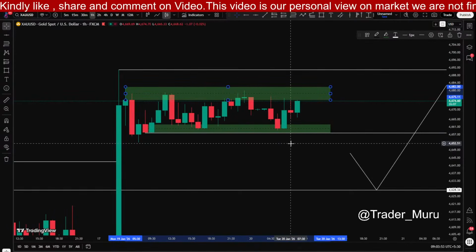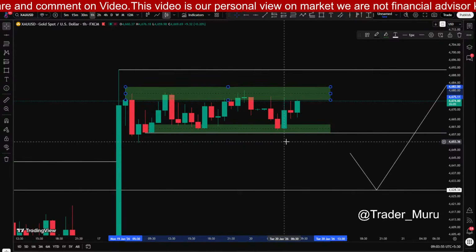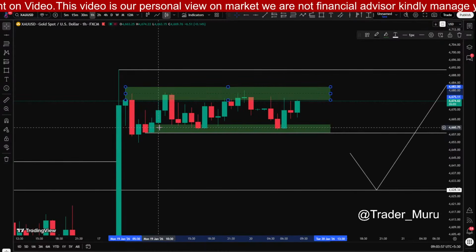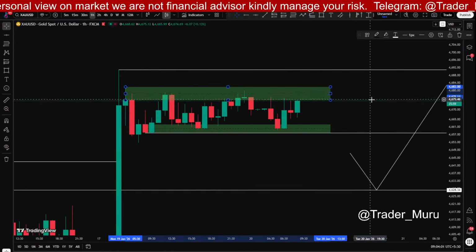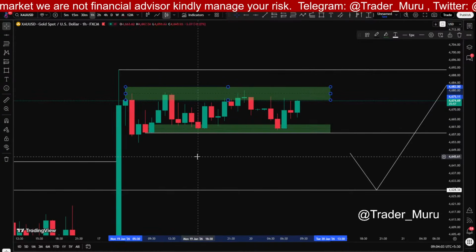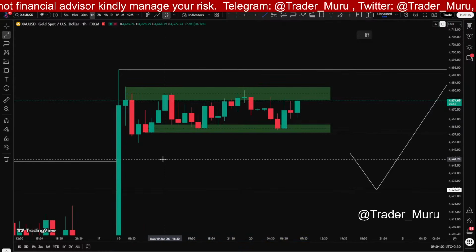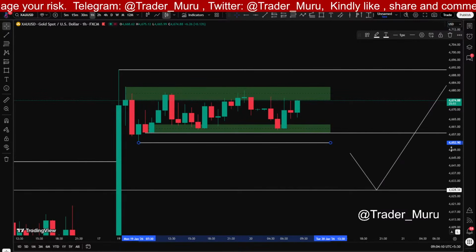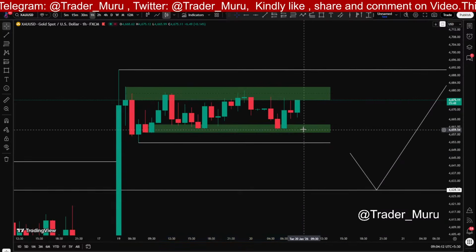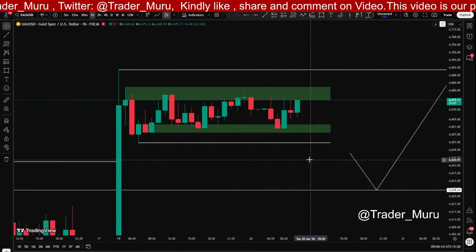Price needs liquidity. Whenever price ranges, it means price doesn't have liquidity to push upside again. It needs a sweep, and we have the highest liquidity area here around 4652. So we will see a massive drop here.